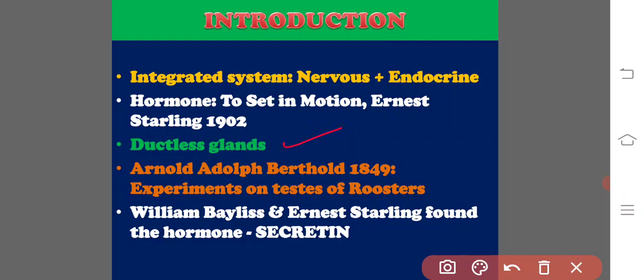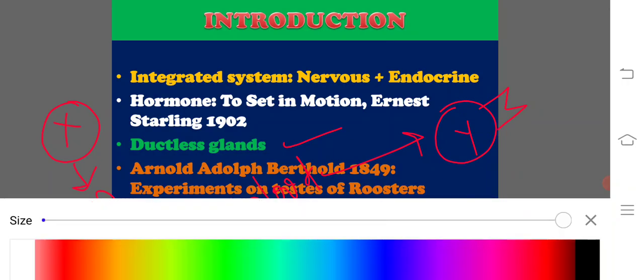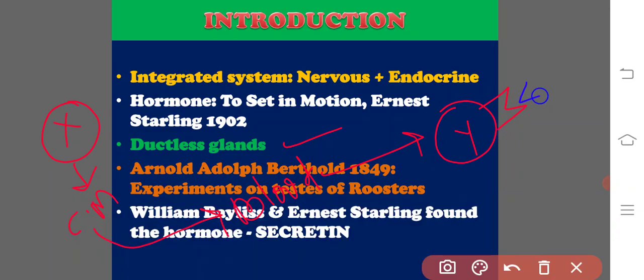Let us assume here it is some X endocrine gland. It secretes a chemical messenger which is called a hormone, and it is directly released into the blood, and along with the blood it reaches a distant organ, some Y. This particular organ has the receptor, and now the hormone comes in contact with the receptor and exerts the function.